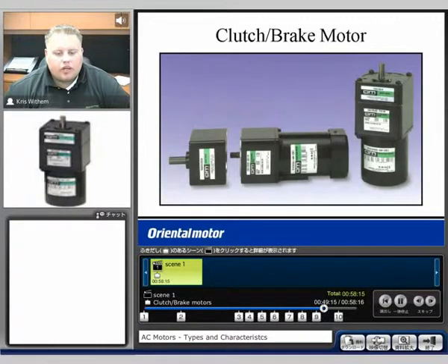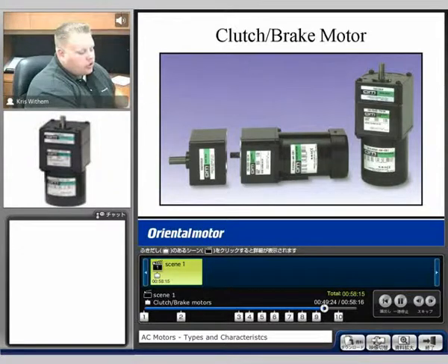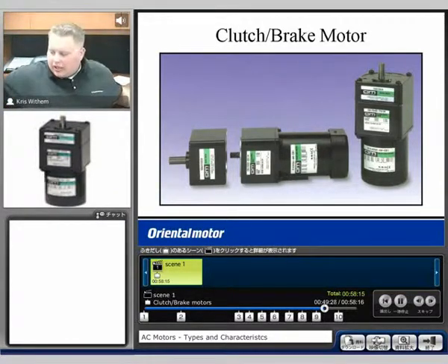This is a picture of our clutch brake series motor here. This is a larger size motor, so if we do compare this to our basic AC induction motor or a motor with an electromagnetic brake on it, I do have another set of motors here.